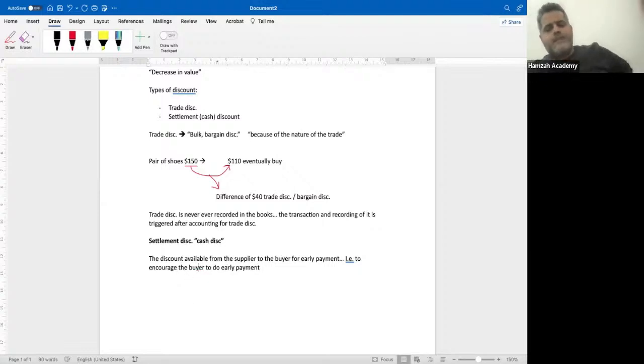So this discount is basically available from the supplier to the buyer for the early payment. That is to encourage the buyer to do the early payment, right?